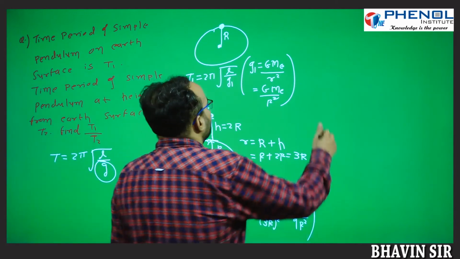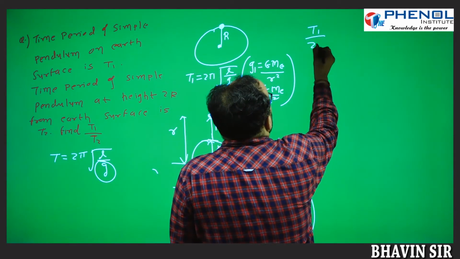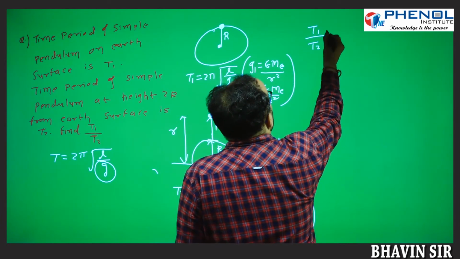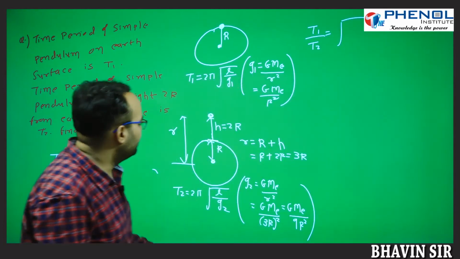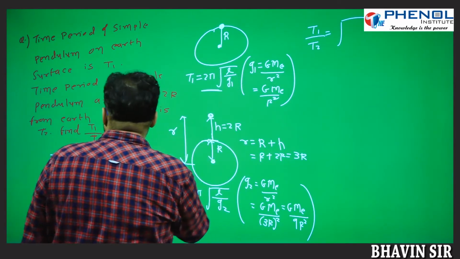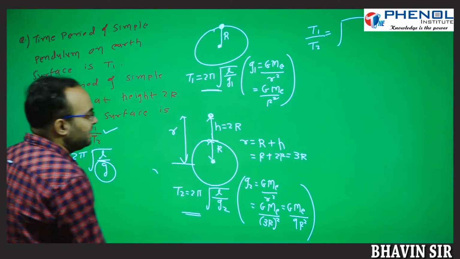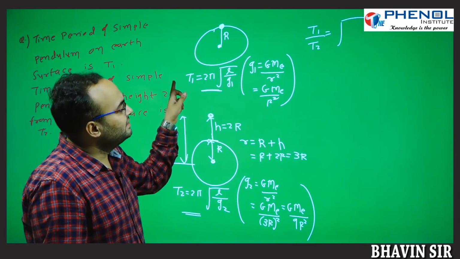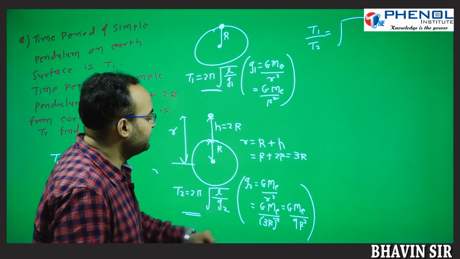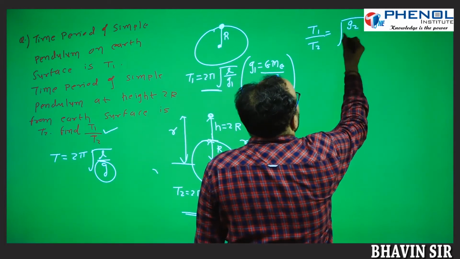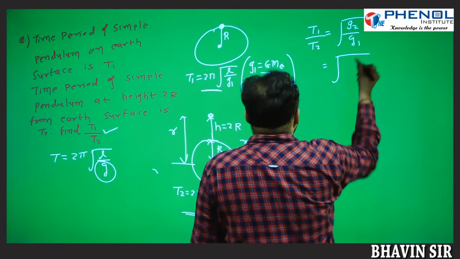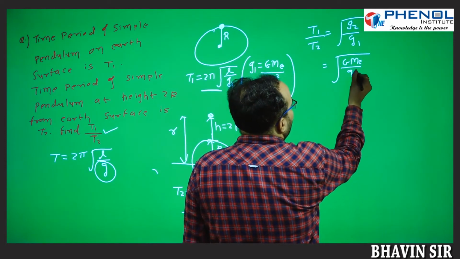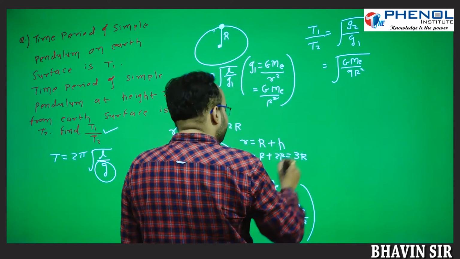Chalo. Now T1 by T2. So students, when we take the ratio of these two, we want to find T1 by T2. So when we take the ratio, then 2 pi and L cancel, and see, time period is inversely proportional to the root of gravitational acceleration. So here g2, here g1. What is g2? G Me by 9R square.